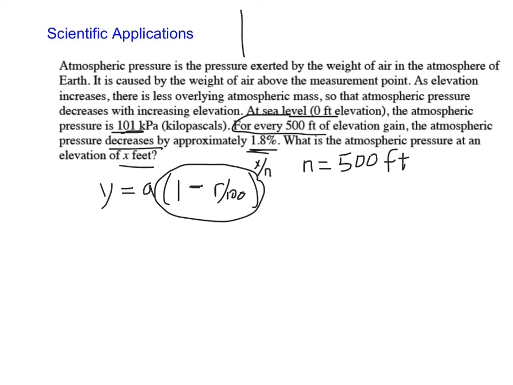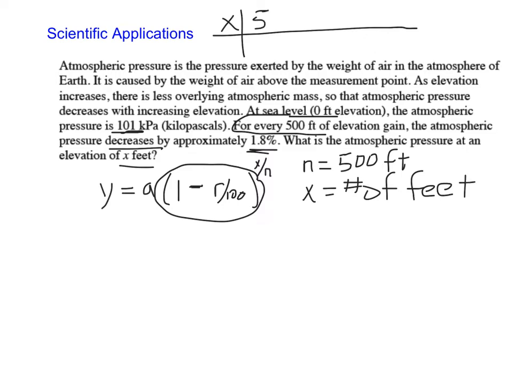So if x is the number of feet, and if x happens to be 500 feet, or 1,000 feet, or 1,500 feet, then my exponent is going to represent the number of times I compound.